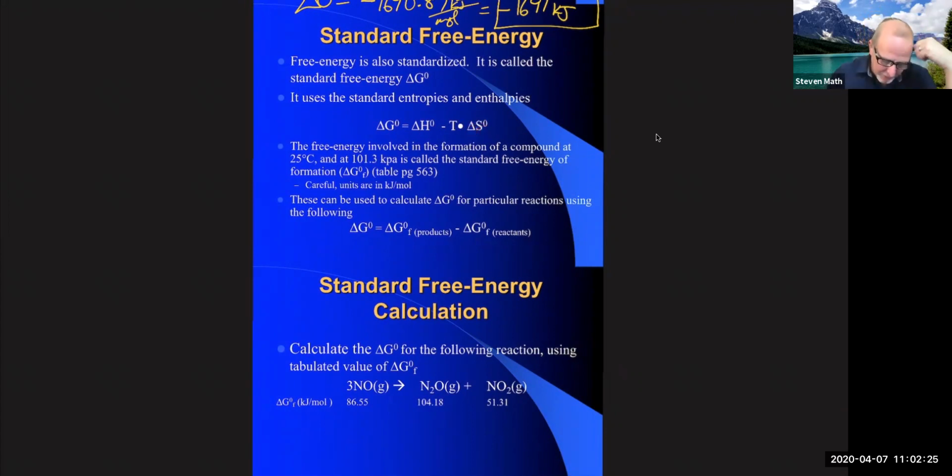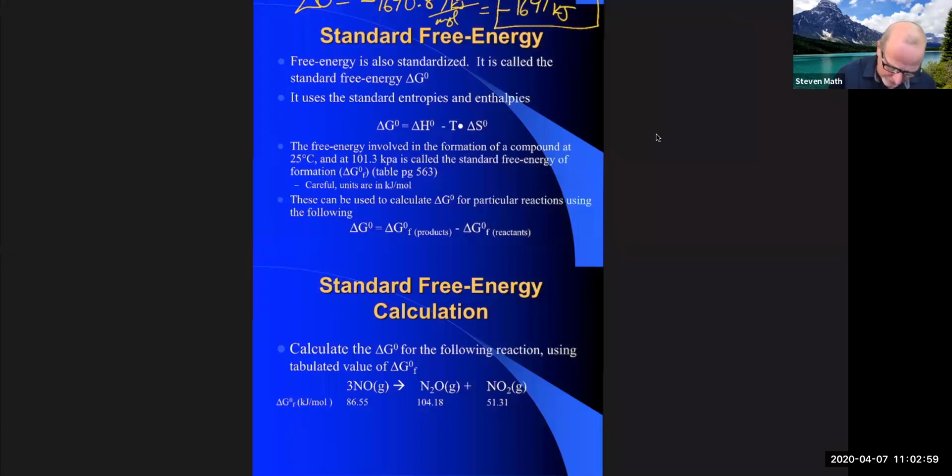The free energy involved in the formation of a compound under standard conditions is the standard free energy of formation. And it says table 563. I'm going to put that table into Canvas for you guys, because I know the page numbers are all out of whack with the online book. Our units here are going to be in kilojoules per mole. These are going to help us when we go to do delta G standard.